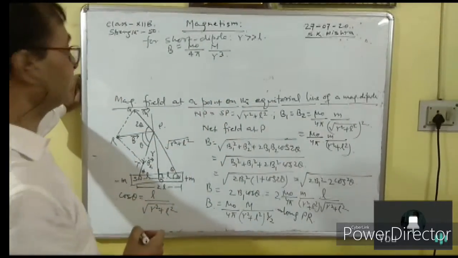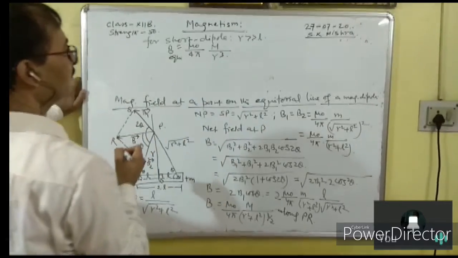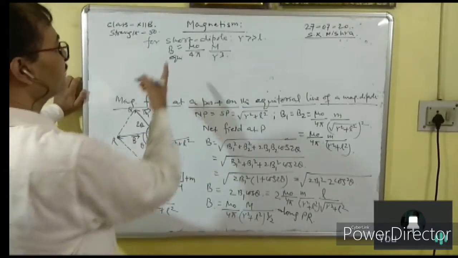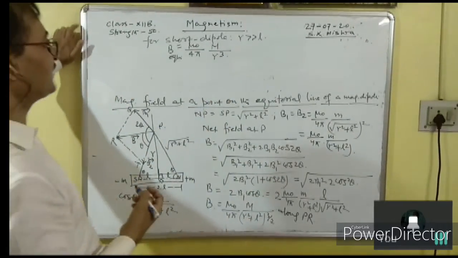Now put the value of B1. This is your B1: mu naught by 4 pi, m by r square plus L square. And then tell me what is cos theta.